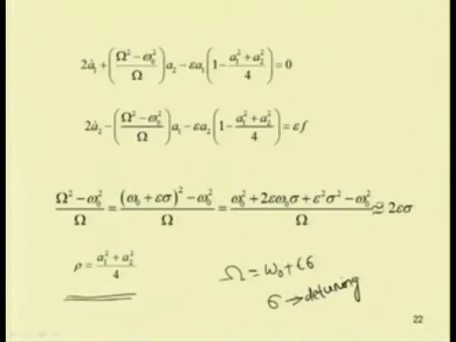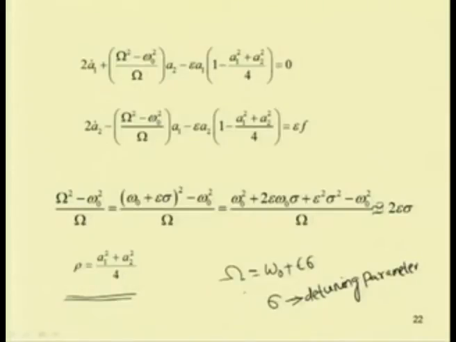So, using this detuning parameter, one can write ω = ω₀ + εσ. This detuning parameter shows the nearness of the external frequency to the natural frequency of the system.